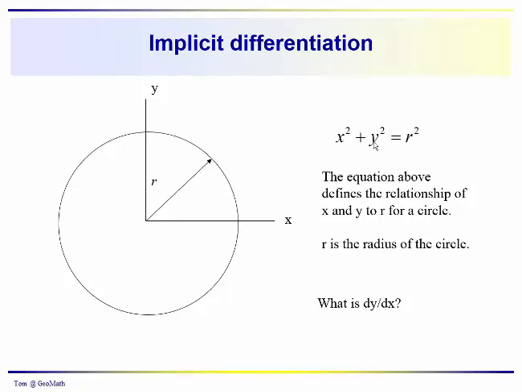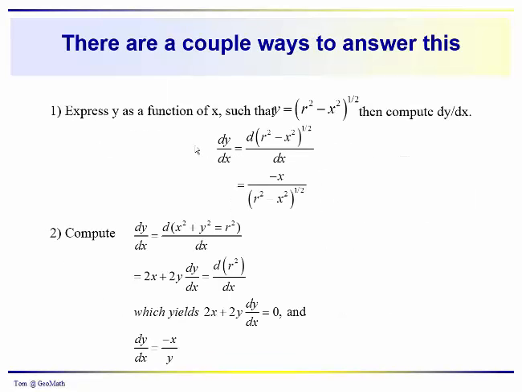And you see that we don't have y defined separately up here. So there'd be two ways that you could go about doing this. I think, just based on what we know up to this point, we would just express y. Now this might not always be easy to do, and that's one of the benefits of doing implicit differentiation, because it may not be so easy to show that, in this case, y is equal to r squared minus x squared to the 1/2 power.